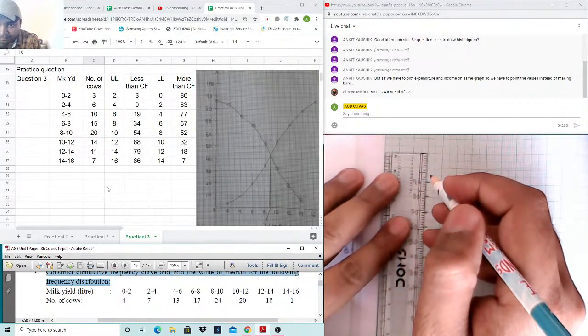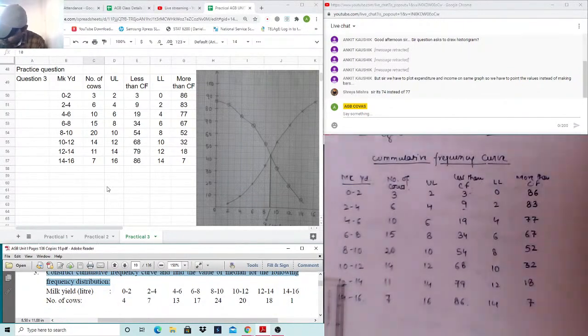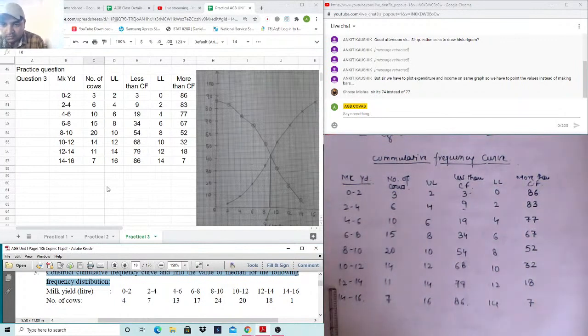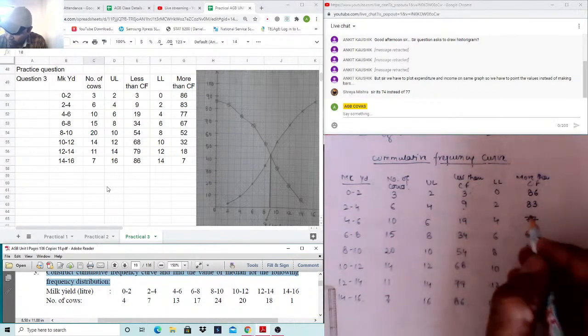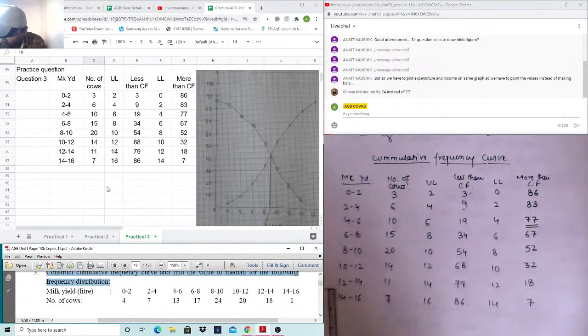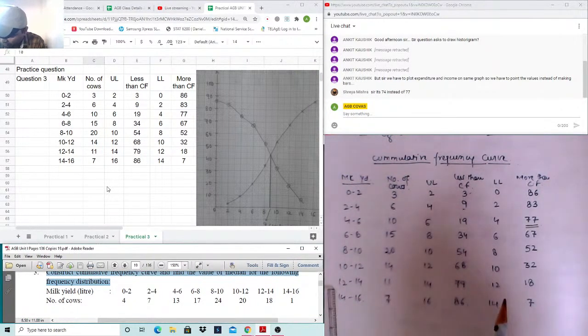Okay. Somebody is saying it is 77 instead of 74. I think I have written 77 only. I have not gone wrong, I have taken 77 only.